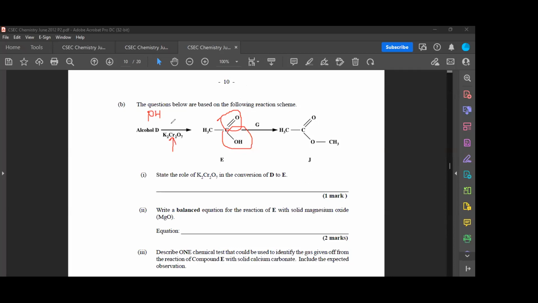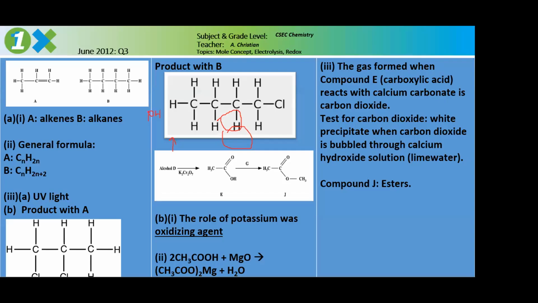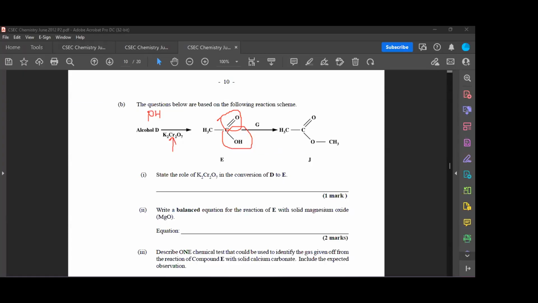If you remember, potassium permanganate and dichromate, they are strong oxidizing groups. And so its purpose is to oxidize the alcohol into carboxylic acid. So while it is used as a catalyst in many reactions, in this case, it is acting as an oxidizing agent.